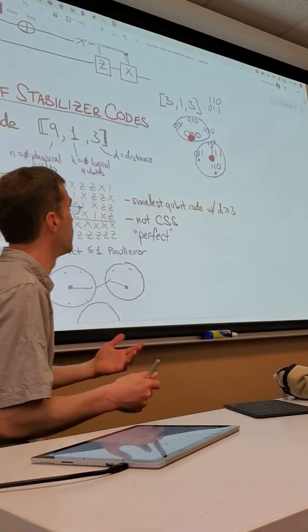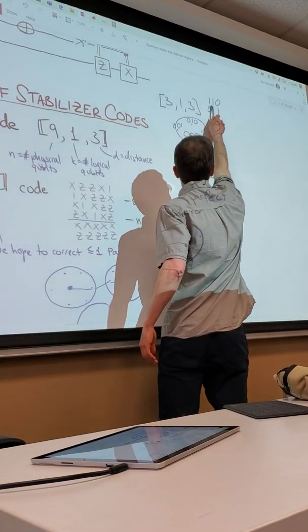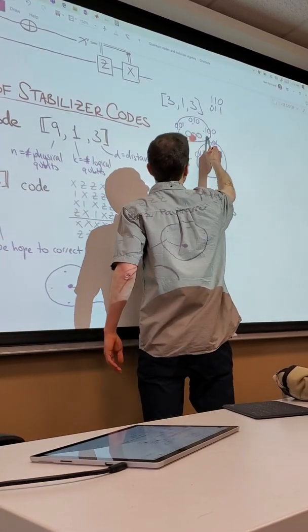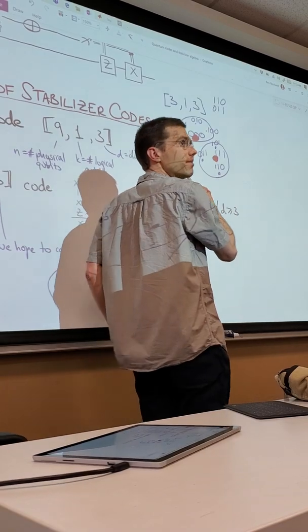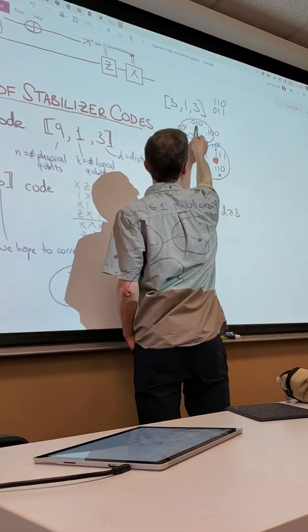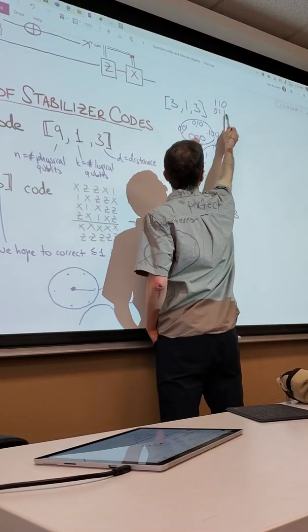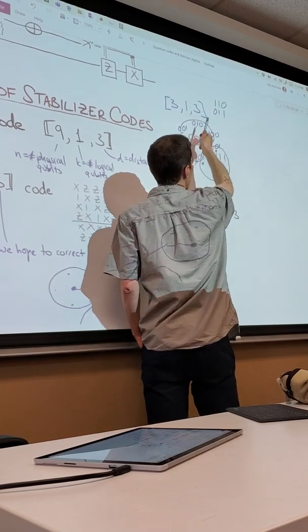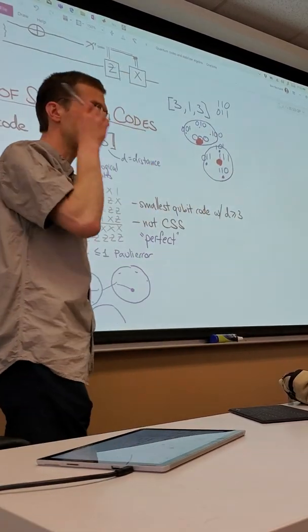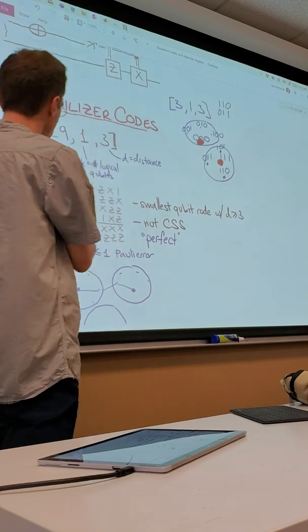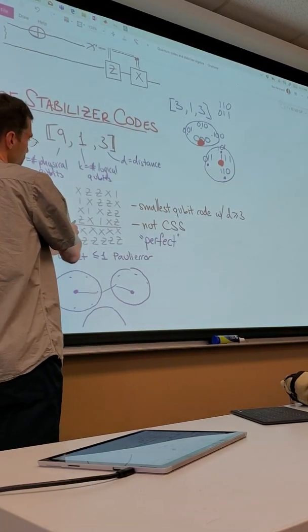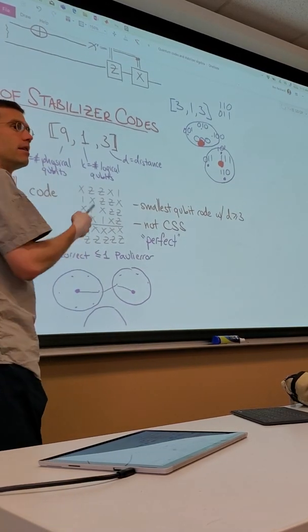And if you measure both of these parities, that tells you where the error is, and so you can correct it. For example, here you'd measure the parity odd, so therefore you know the error is on the second qubit. The same thing is true here. You should be able to measure these stabilizers and locate the error.